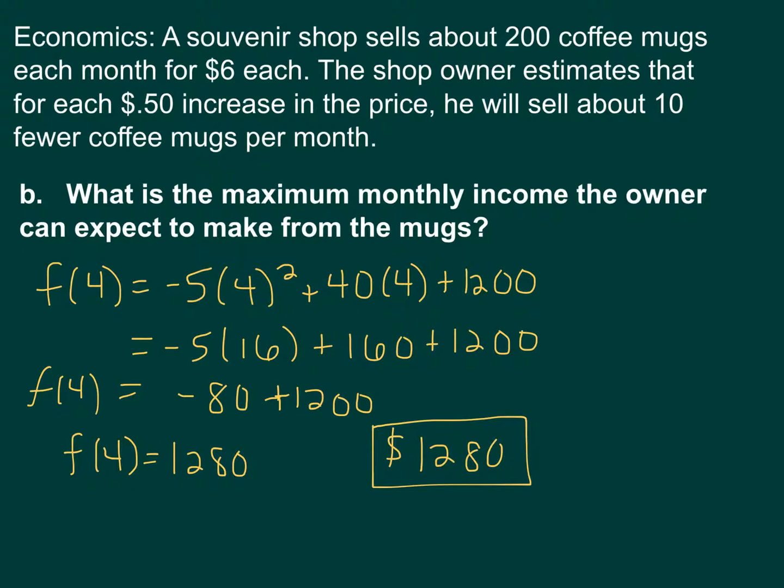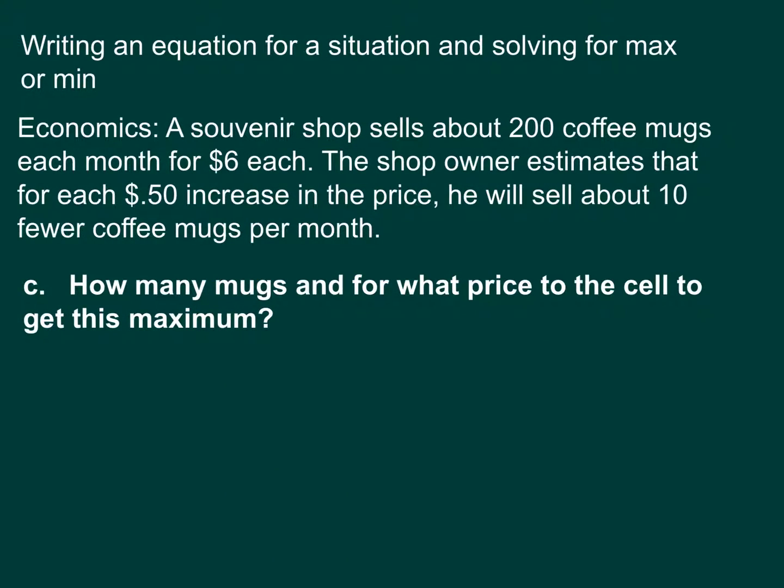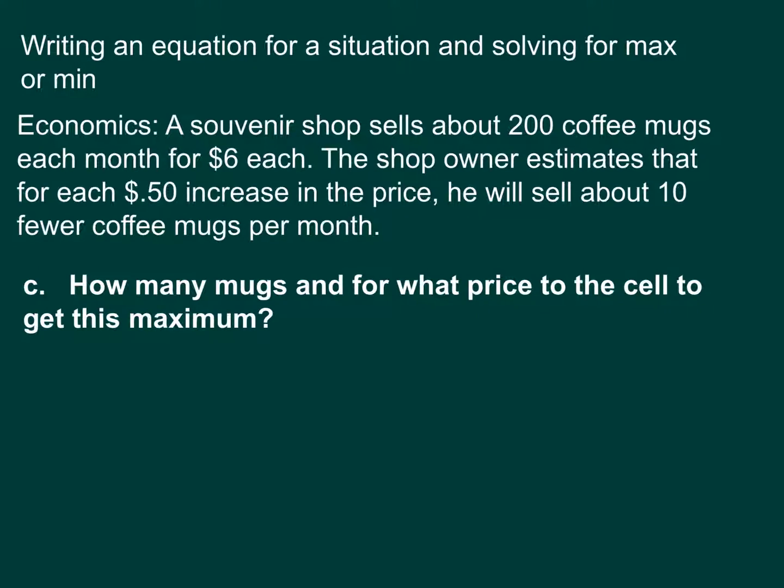Now we're going to take it one step further and say, well, then how many mugs did I sell? And they're also just now asking what the price was. And I just noticed the voice to text put the wrong word there. So we already know that it's $8 because it was 4 times increased of 50 cents. And then how many of them?